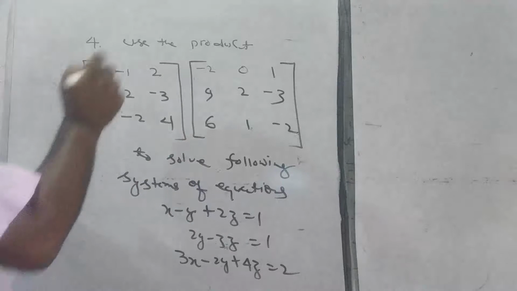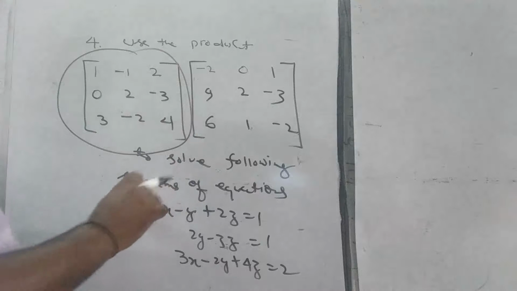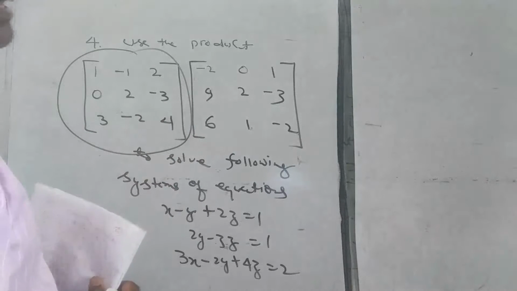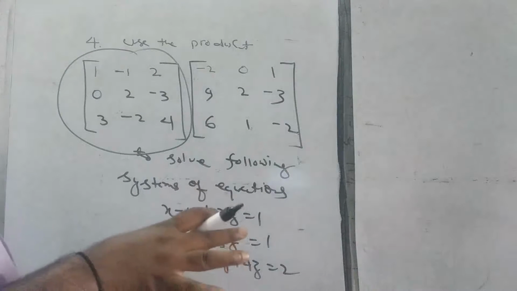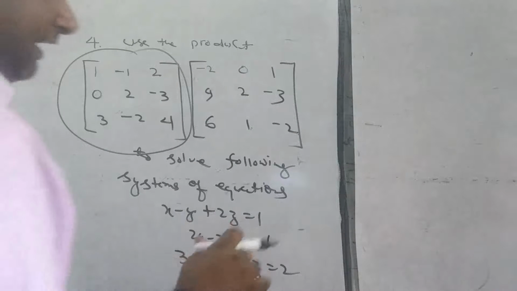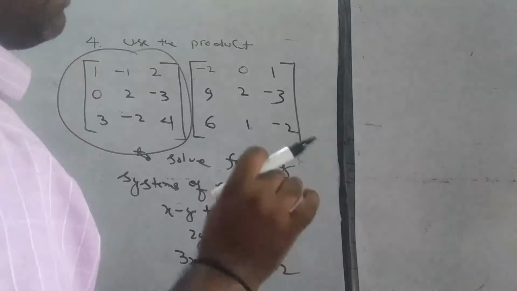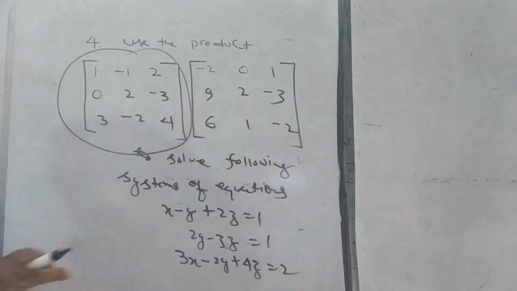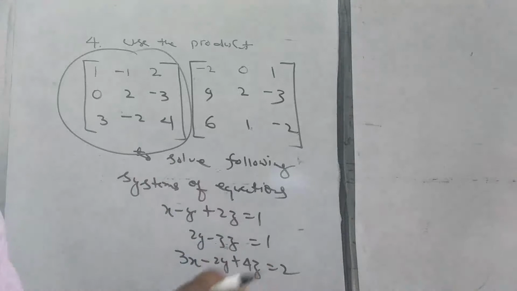So we need to find the inverse of this matrix. But here finding the inverse is different. It does not contain all those steps like finding the A inverse. The A inverse is found here by the definition of matrix multiplication. If the product of two matrices becomes the identity, then one matrix is the inverse of the other.